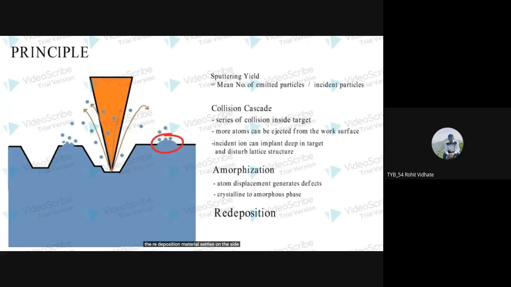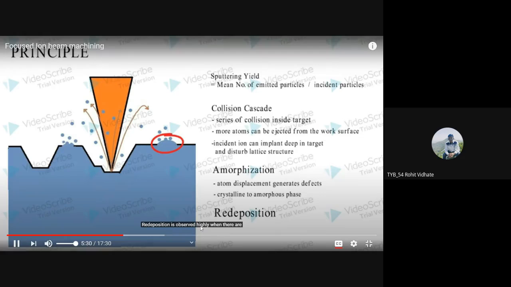The redeposited material sometimes settles on the site and adheres to the surface. That is, we need to sputter it a second time, which obviously increases the process time and effort. So redeposition is surely an undesirable phenomenon in focused ion beam machining.